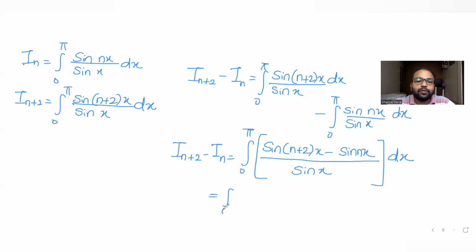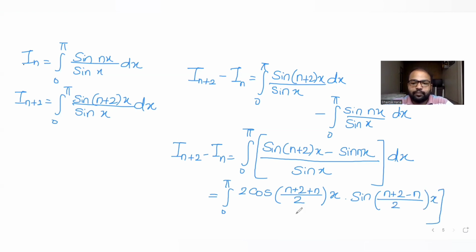So it becomes the integral from 0 to pi of sin a minus sin b. That gives you 2 times cos of (a plus b) upon 2, so it becomes (n plus 2 plus n) upon 2 x, into sine of (a minus b) upon 2, so it becomes (n plus 2 minus n) upon 2 x. The whole thing divided by sin x.